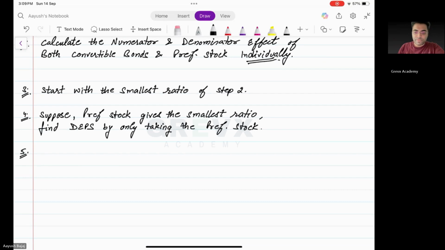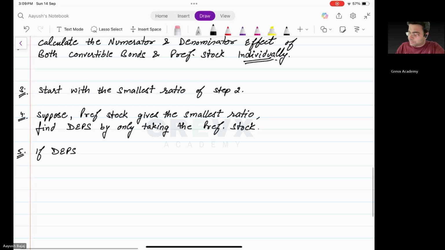Then, if the diluted EPS in step 4 is less than the basic EPS, that means it is dilutive. If the DEPS is less than basic EPS, that means it is a dilutive effect.